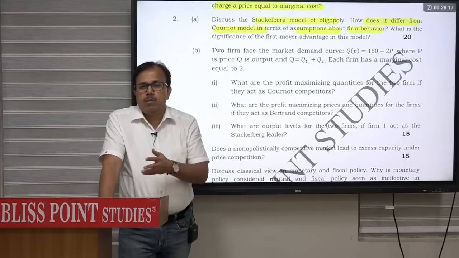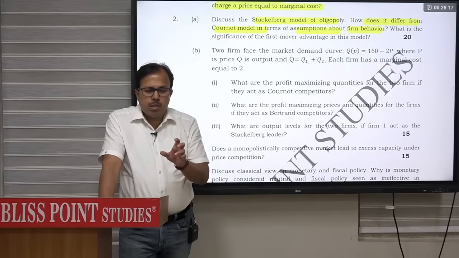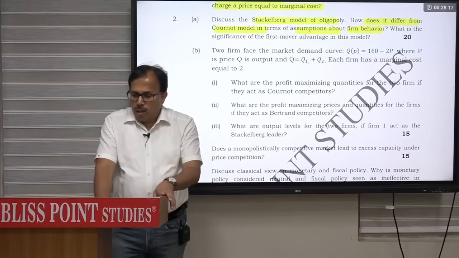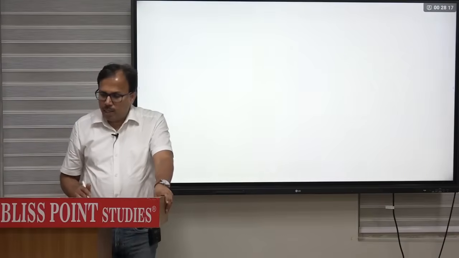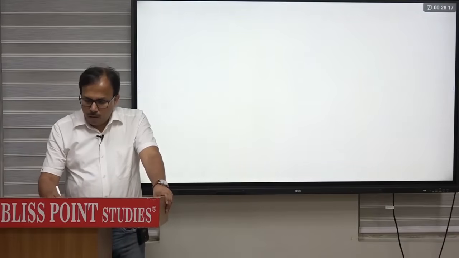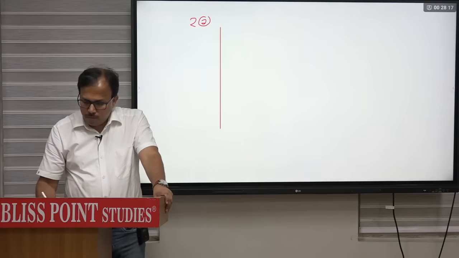The firm producing less will have a lower profit. That is the significance of first mover. So in that sense you say first mover advantage. अब इस first mover advantage को in fact आप graphically जब show कर देंगे, reaction curve firm 1, reaction curve firm 2.